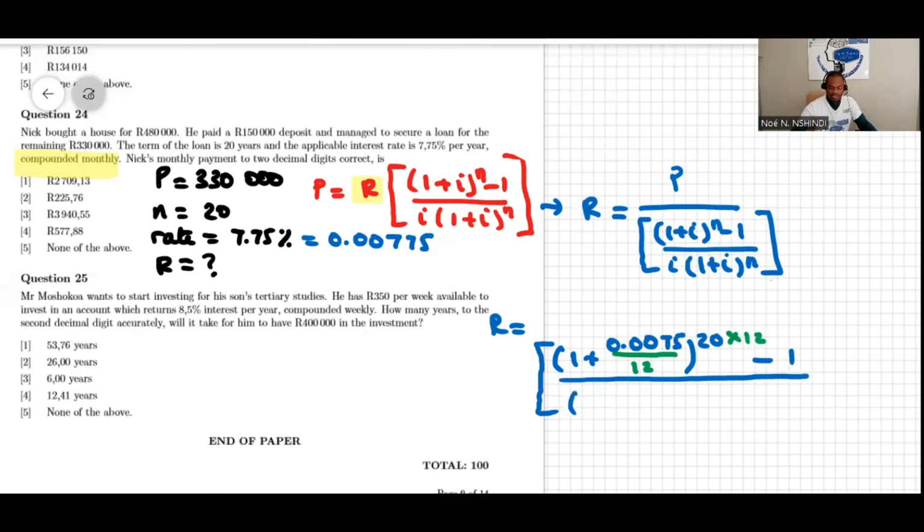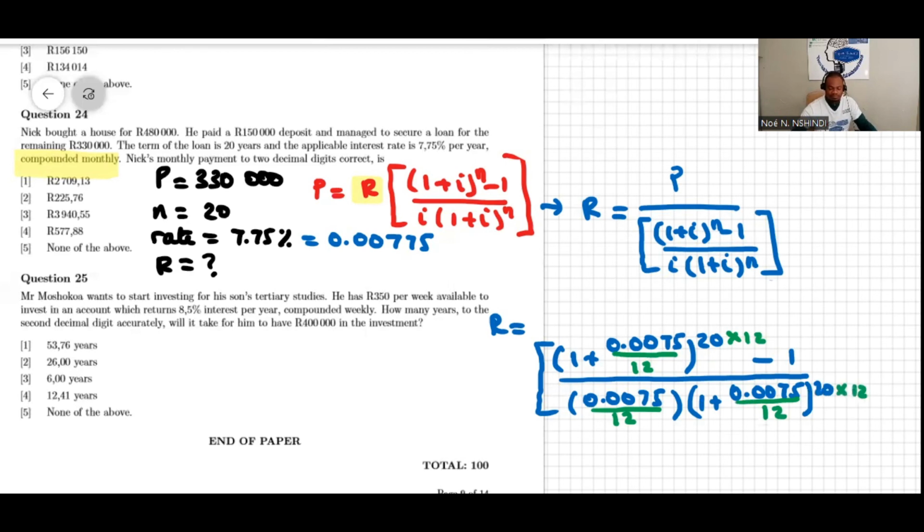And then all over the interest again, 0.0775 over 12, times the bracket of 1 plus 0.0775 over 12 again, to the power of 20 times 12.